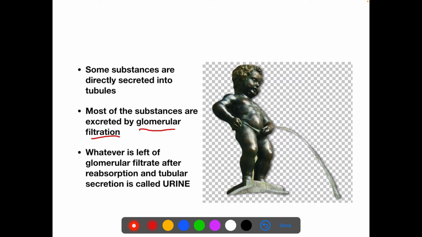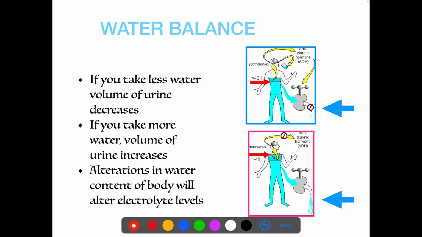Then whatever is left of the glomerular filtrate will be excreted as urine. Always remember, this is one method: it is filtered in the glomerulus, and from the filtrate, whatever is required by the body is reabsorbed, and whatever is left is excreted as urine. The other method of excretion is direct secretion into the tubules.